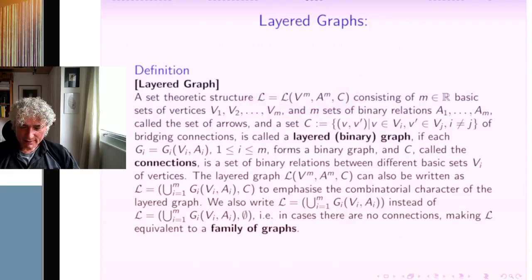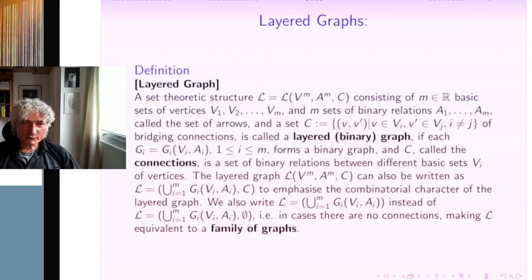So you have m different directed graphs, each one with the set V1 to Vm as the set of vertices, and then m different arrow sets going from A1 up to Am. So far, this would just constitute m different directed graphs.